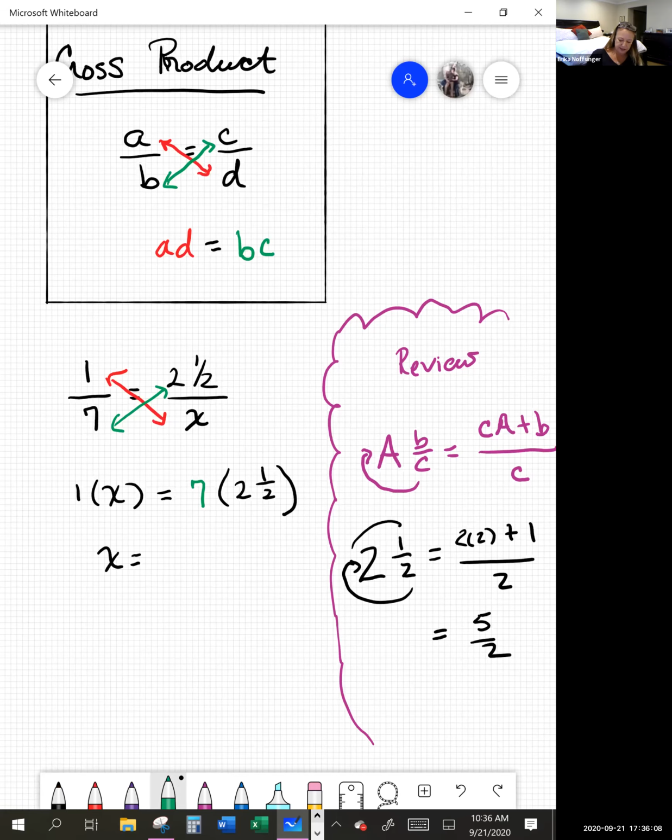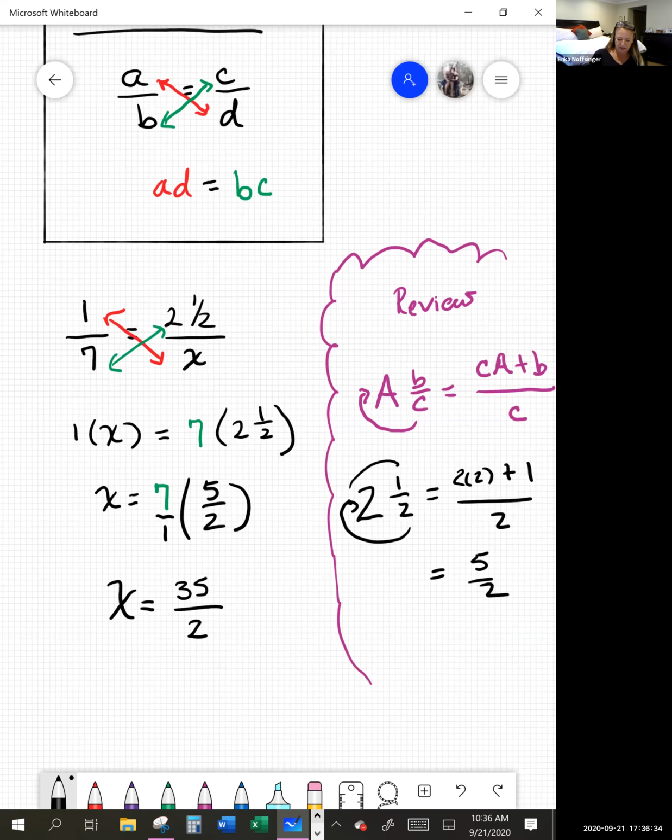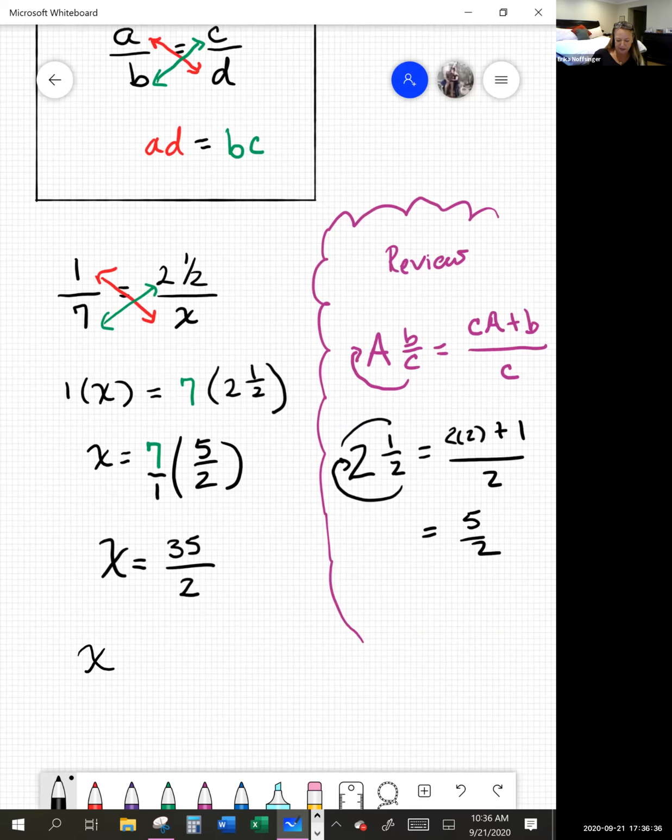So we can rewrite this as 7 times 5/2. So x is equal to, recall multiplication with fractions, you don't need a common denominator and you just multiply your numerators together and your denominators. So 7 times 5 is 35 all over 2. Let's rewrite that as a mixed number because we had a mixed number to start with. So 2 goes into 35.